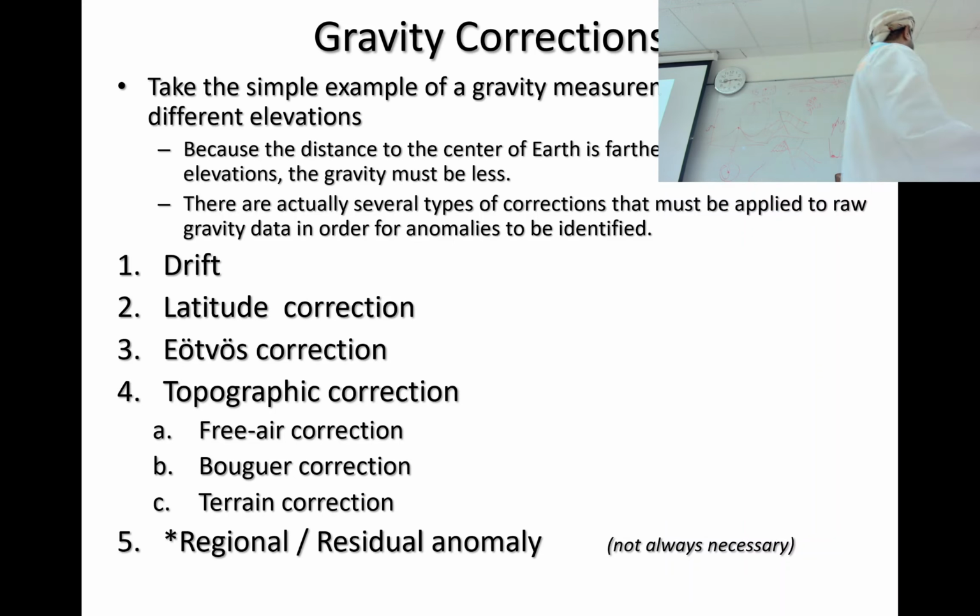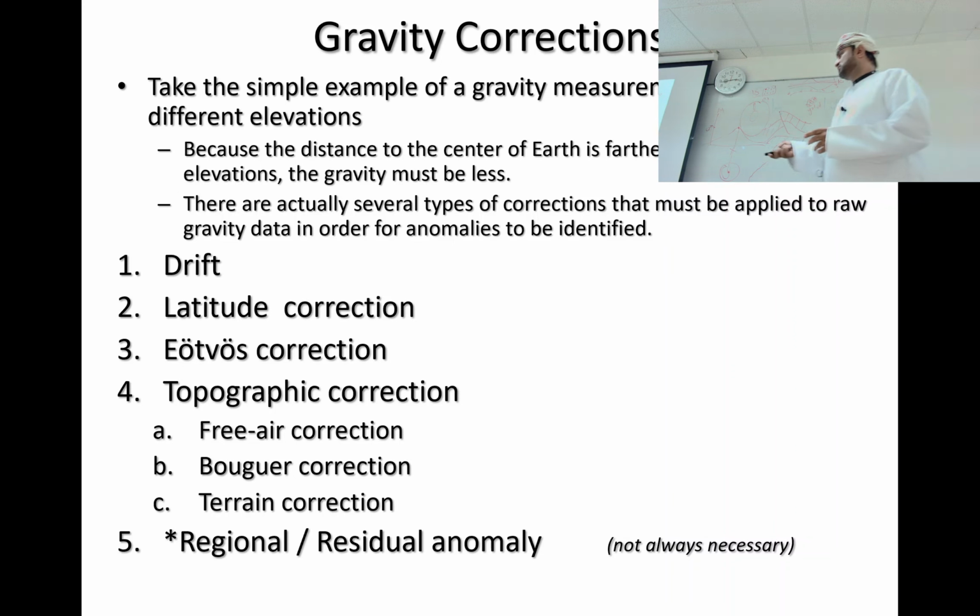So your anomaly might look something like that, tilting like that, or making something even like that. Am I interested in this regional line or these small changes? I'm interested mostly in the small changes, not the regional. These are what we call residual, whereas the overall line is the regional.